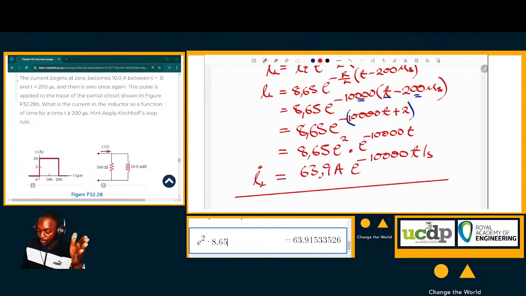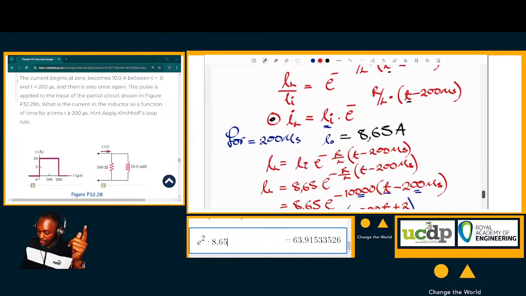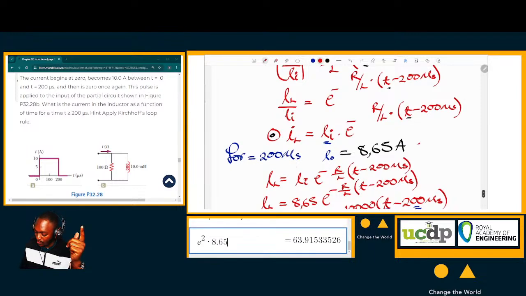The important thing in this question, which I just decided to make long, is that there is no way you would find the current through the inductor at time t greater than 200 microseconds without determining the value of current at 200 microseconds.